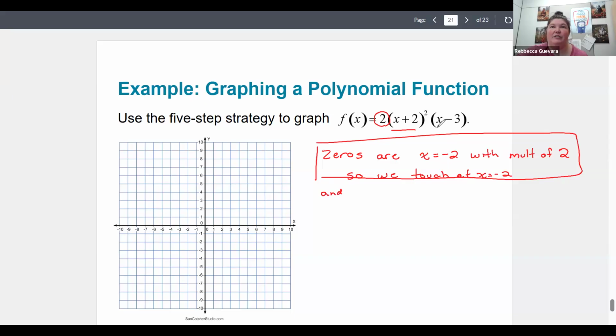And my other 0 is going to be x equals positive 3 with a multiplicity of that invisible 1. So in this case, we know we are going to cross at x equals 3.